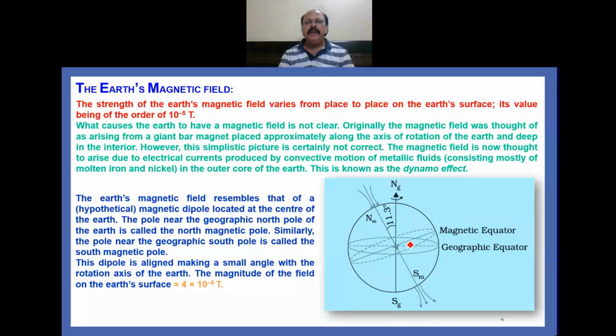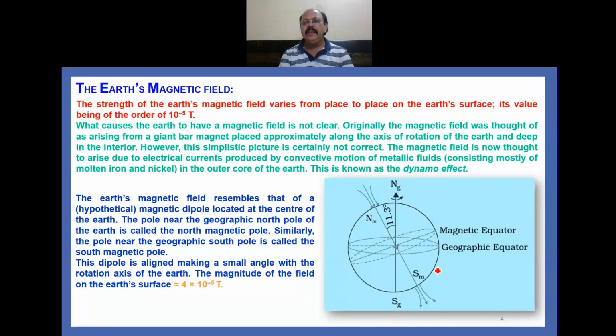The Earth's magnetic field is similar to that of a magnetic dipole, which we are saying hypothetically is located at the center of the Earth. The pole near the geographic north pole of the Earth is called the North Magnetic Pole. Similarly, the pole near the geographic South Pole is called the South Magnetic Pole.